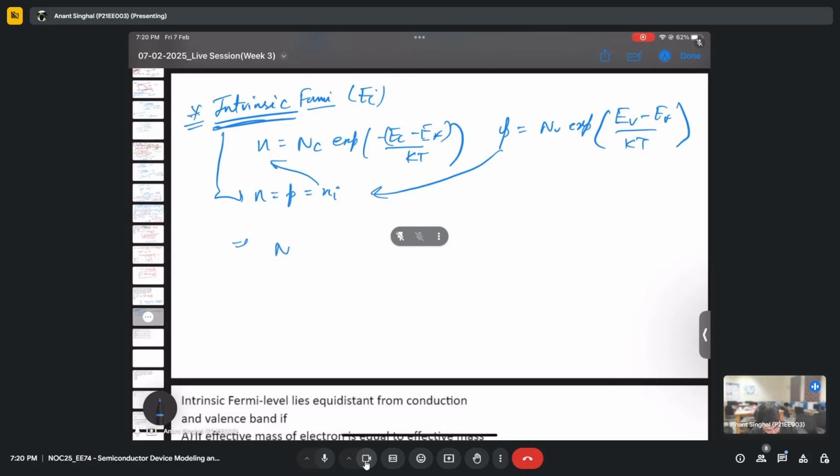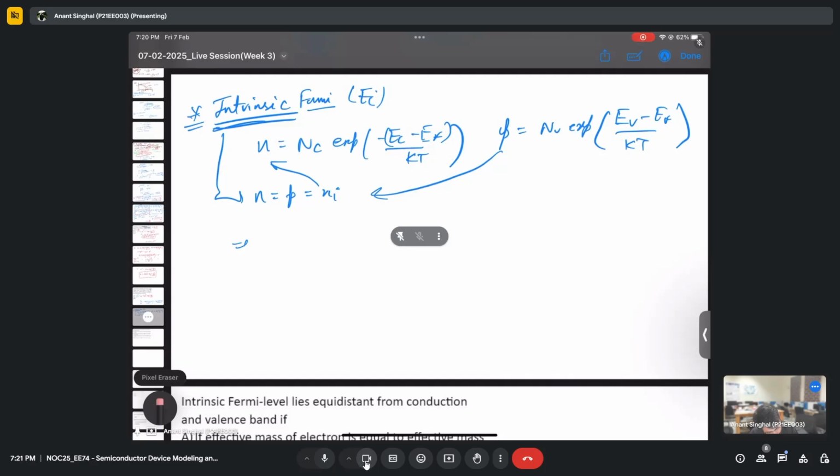So what I'm coming out with is Nc. Let me simplify and write it directly. In the exponential term we have minus Ec, sorry, plus Ef, since it will come in the divide. First of all, I'm talking about the intrinsic Fermi level, so I can replace Ef by Ei.